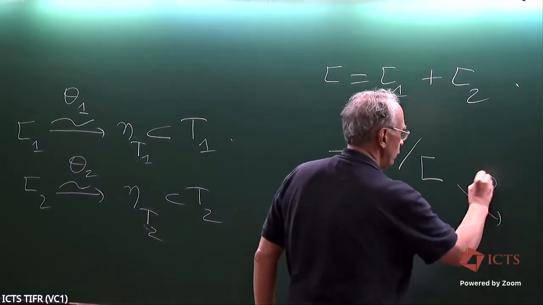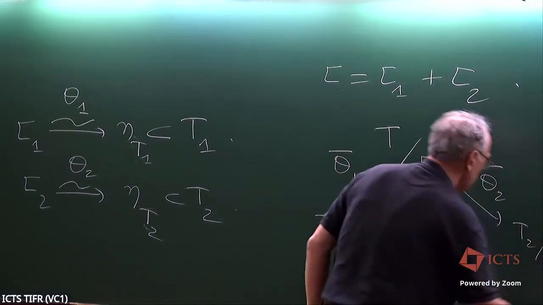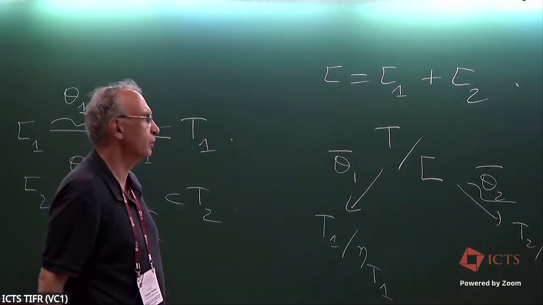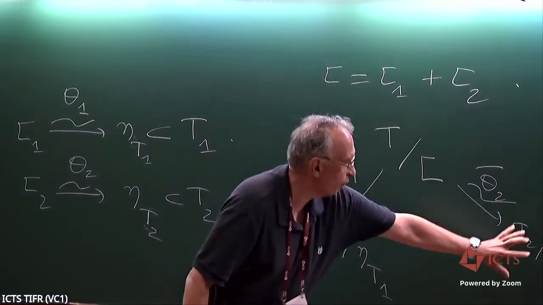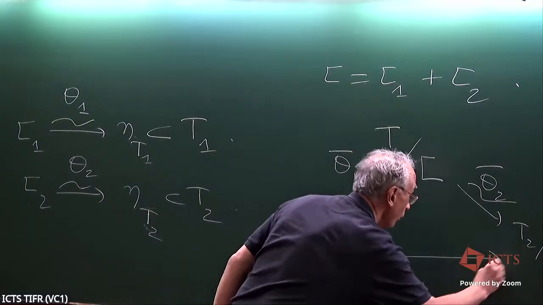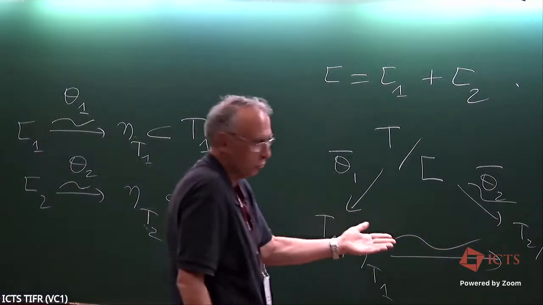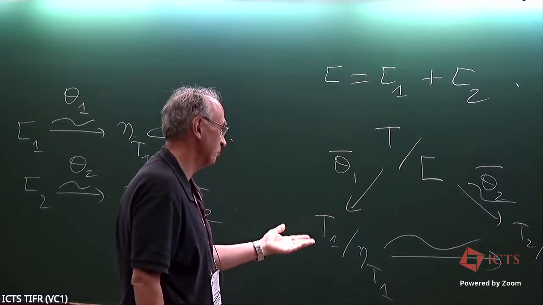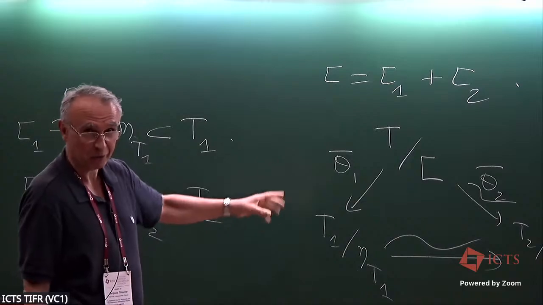And you have theta 2 bar going to T2 modulo eta T2. You have these isomorphisms. So the fancy formulation is that the image of this in the product of these 2 rings is the graph of an isomorphism of these 2 rings. So this is the lemma of Goursat. Well, if you want, it's just the composite of these 2. And so this is an exercise of undergraduate level, which is a nice exercise.